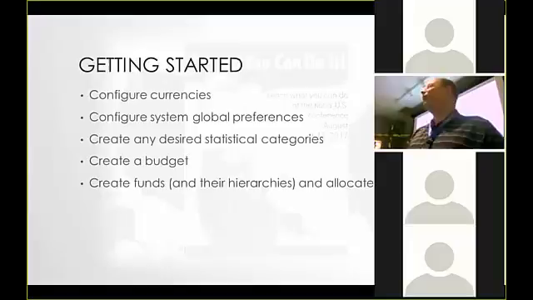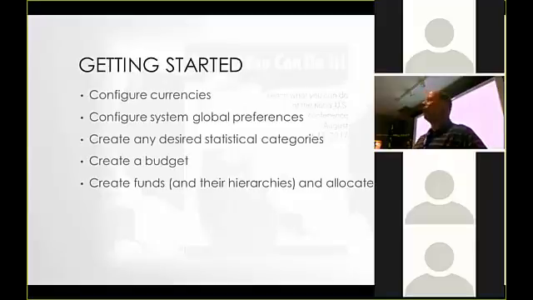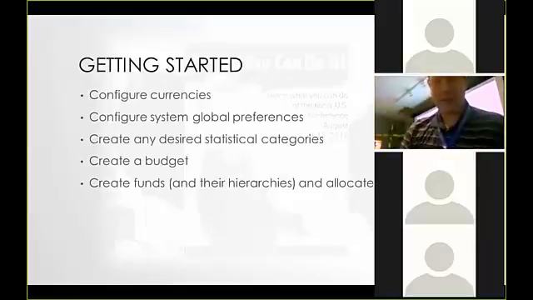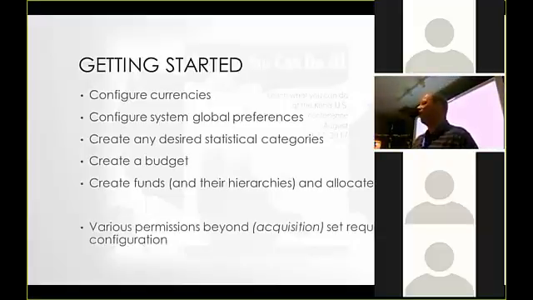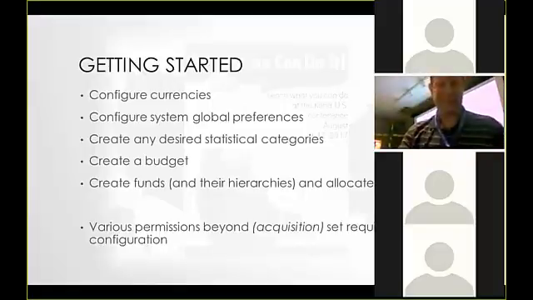Finally, create a budget and then funds within that budget, as well as any hierarchies you'd like, then allocate the funds to it. Note that the various permissions required to do these setups are usually found in the administration set of financials. Day-to-day work is all handled by various acquisitions options, but this part is in administration.